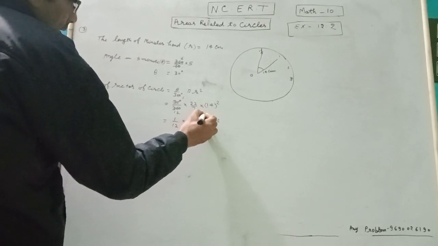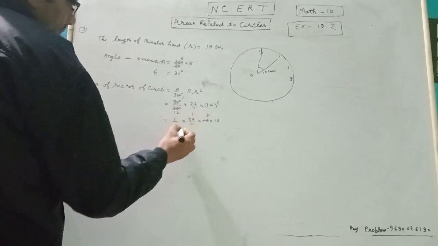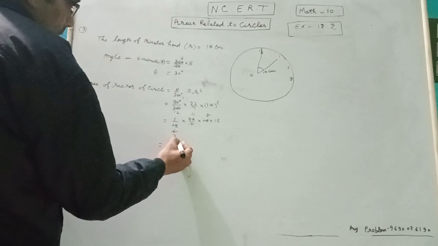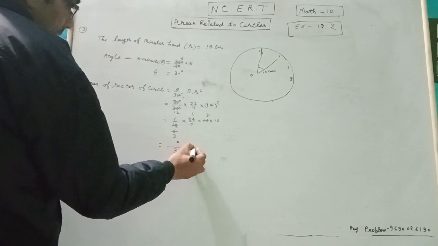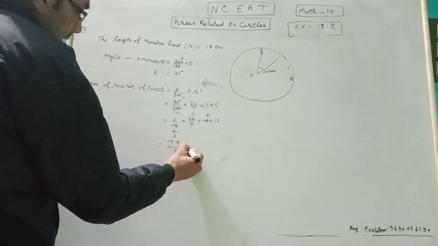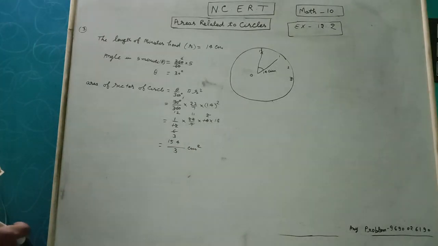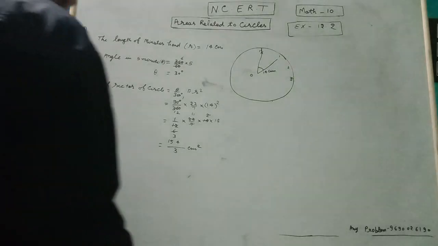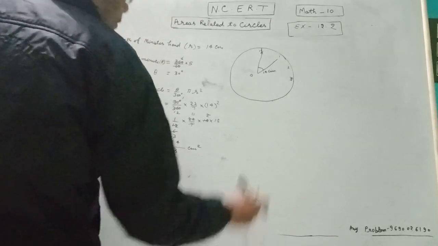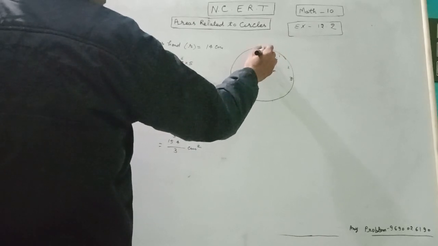Simplifying, we get 154 upon 3 cm square, the area swept by the minute hand in 5 minutes. That area swept will be the area of the sector.